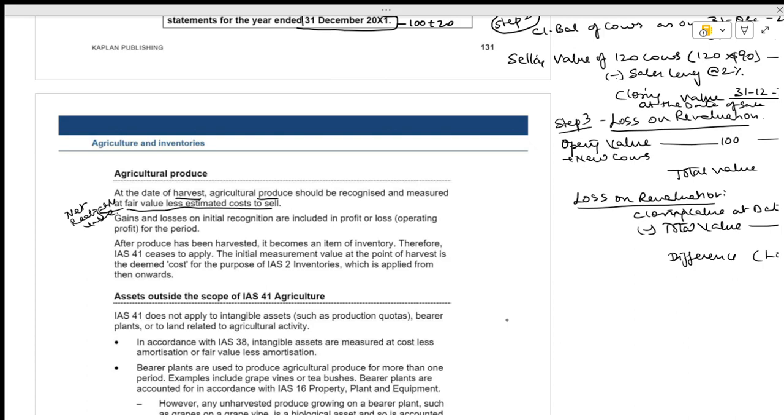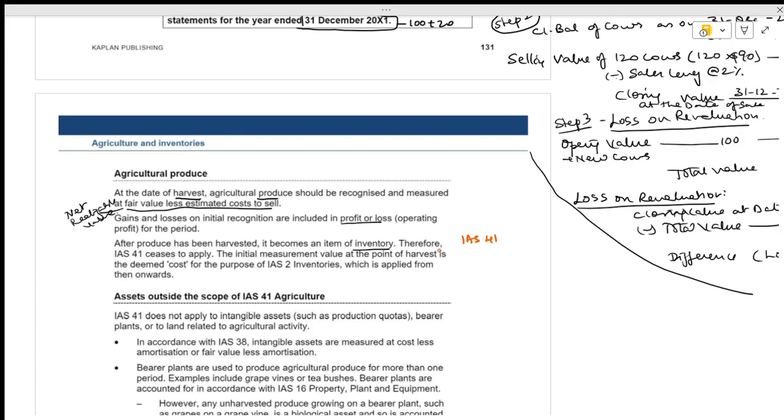You will have gains and losses on your inclusions identified in the profit and loss account, operating profit. After produce has been harvested, it becomes inventory. Very, very important. First it will be IAS 41.